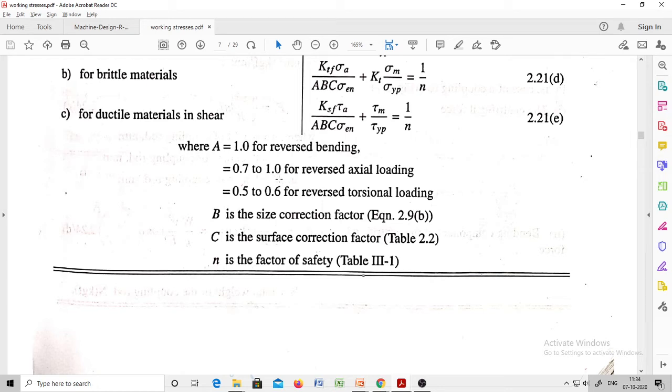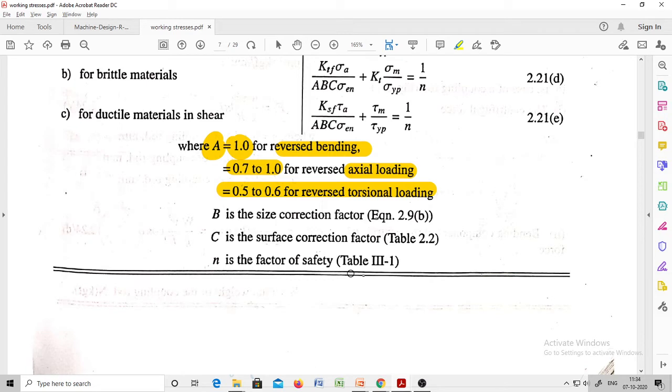For reversed torsional loading, or fluctuating shear stresses, A is in the range of 0.5 to 0.6. For axial loading you can select from 0.7 to 1, and for reversed bending you select 1.